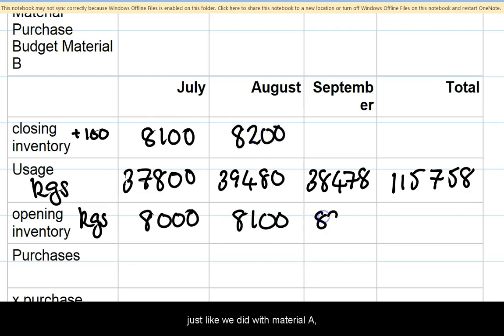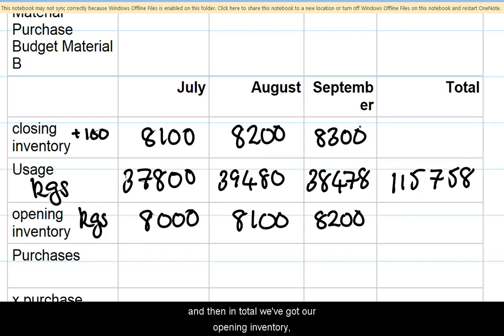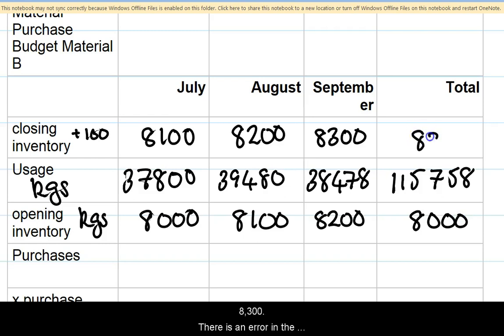So we can finish off just like we did with material A, and then in total we've got our opening inventory 8,000 kilos, and our closing inventory is 8,300.